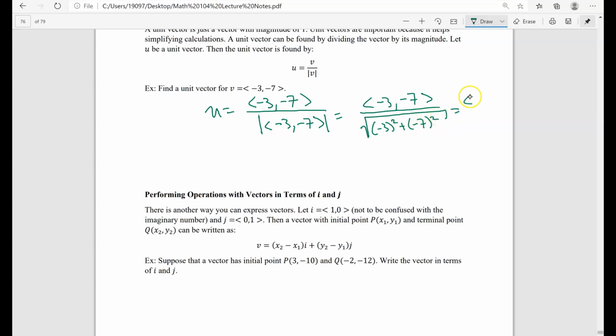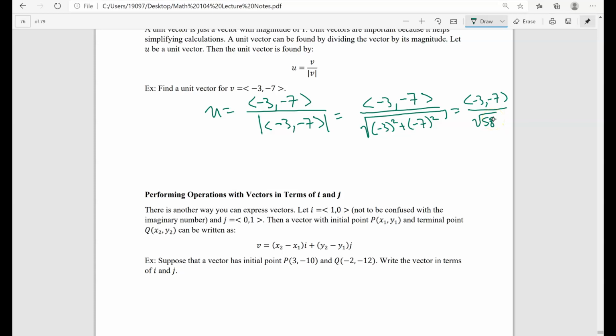All right, so what is that going to give me? That's going to be 9 plus 49, which gives me 58. So I take the square root of 58 on the bottom.